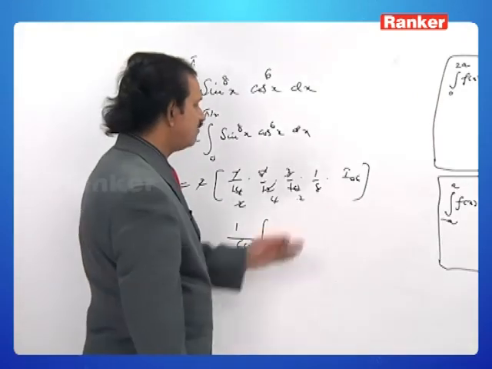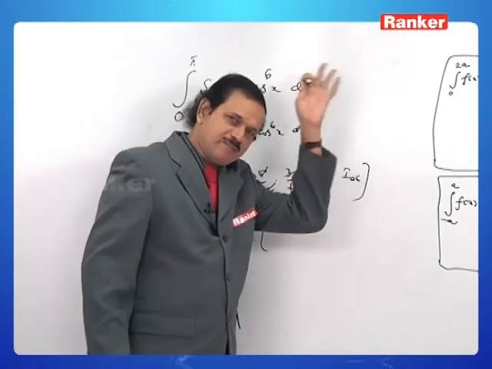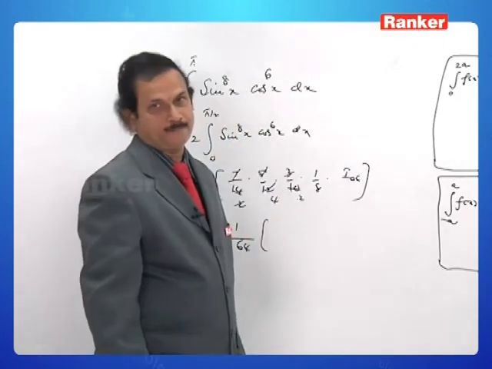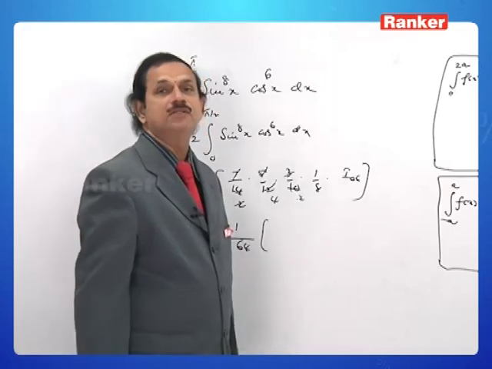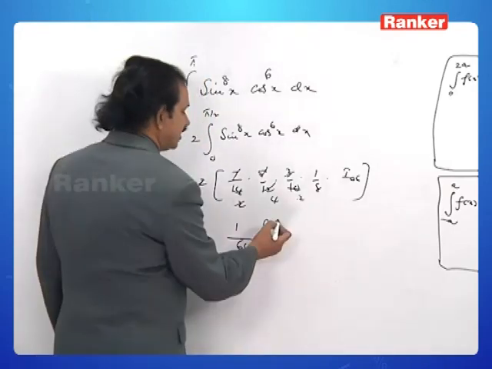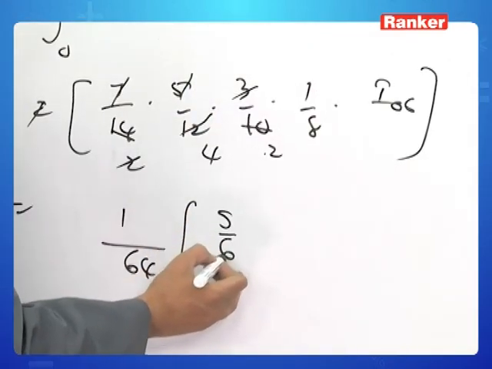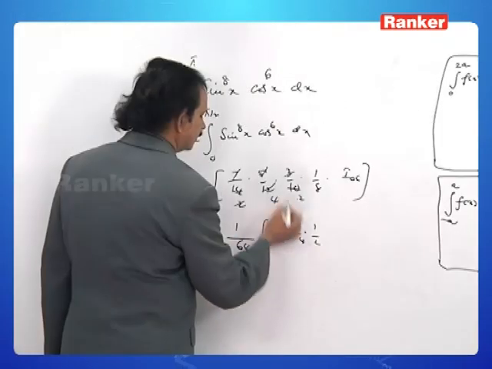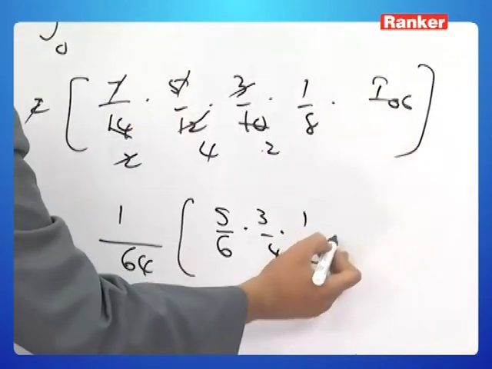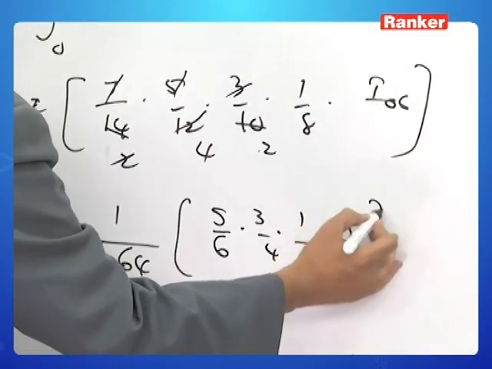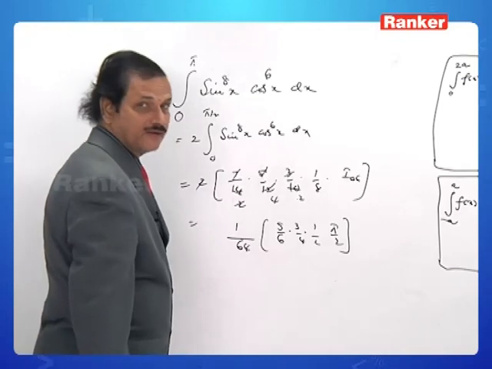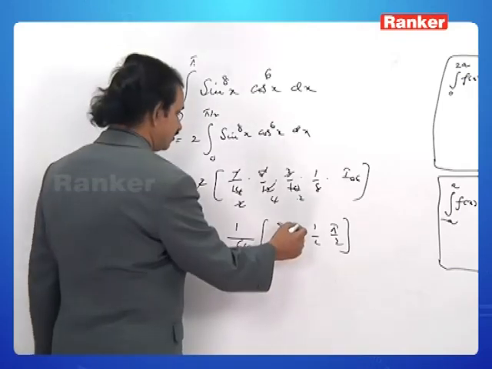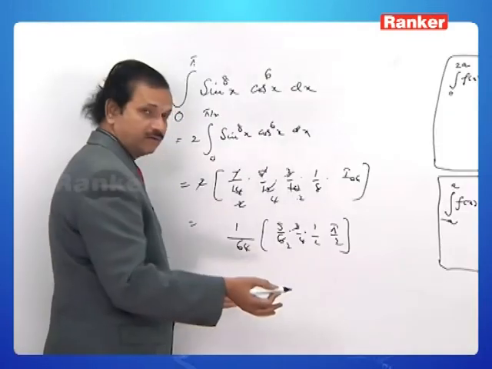Again, we have to extend this to the standard main Wallis formula In. In the place of n we have 6. Starting step is n minus 1 by n: 5 by 6, 3 by 4, 1 by 2, into pi by 2 since n is even. Any more cancellations? No more cancellations. 3 goes 2 times. Anything else?